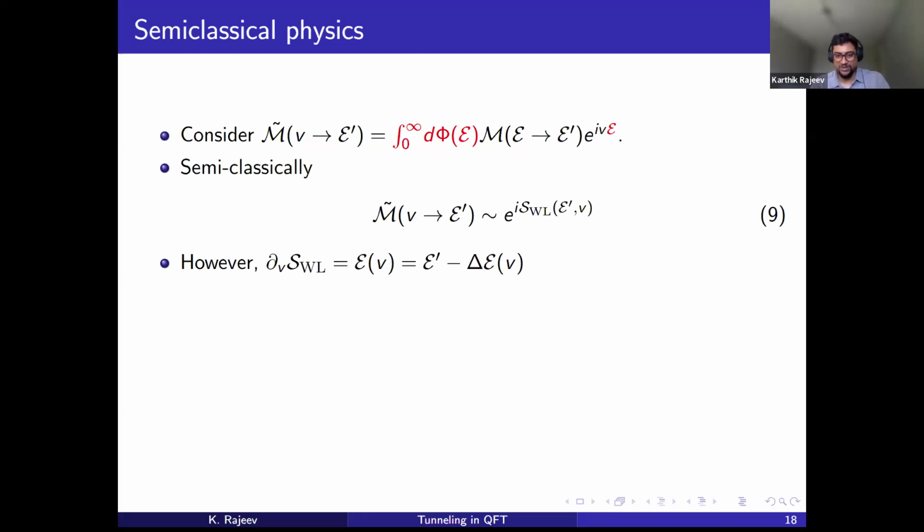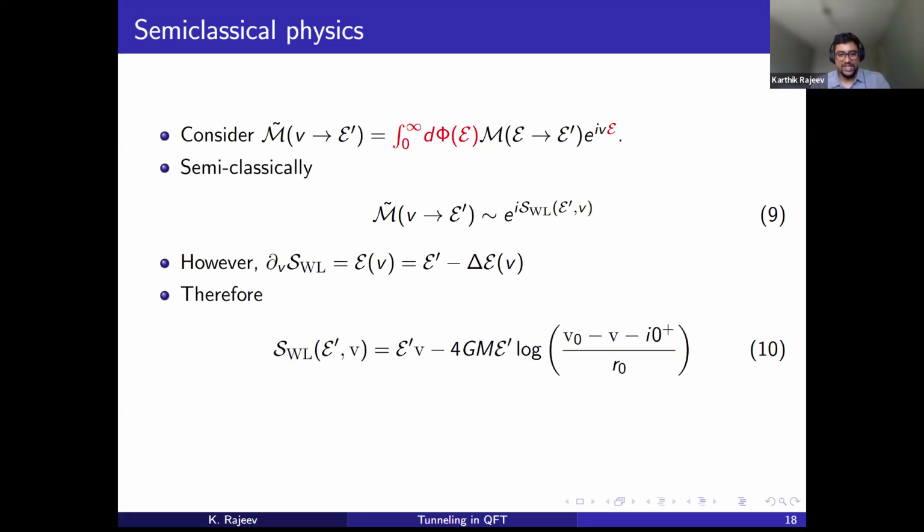The change in energy we already computed earlier. And if you use that expression and just integrate over V, because of this 1 by V and so on, you get a logarithmic function here. But obviously, that expression makes sense only for massless world lines that escape to infinity.